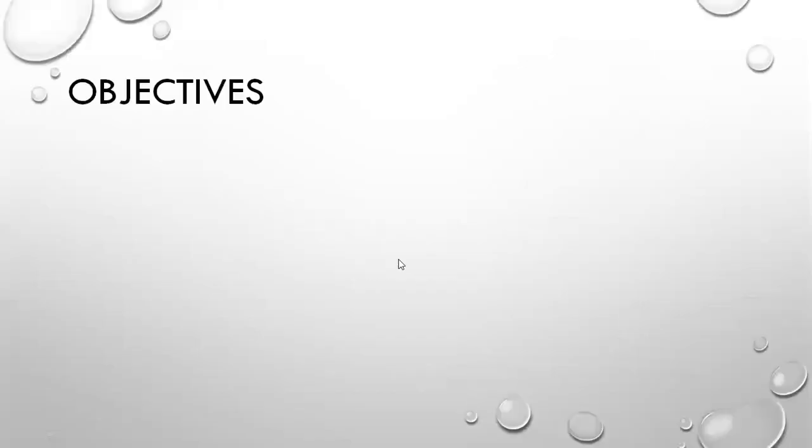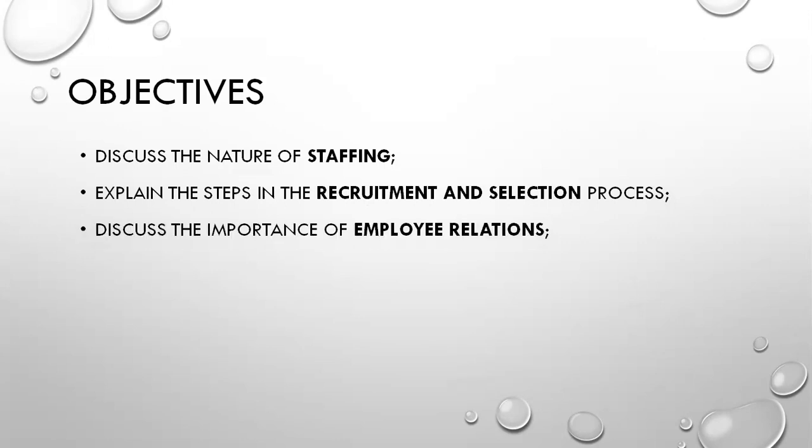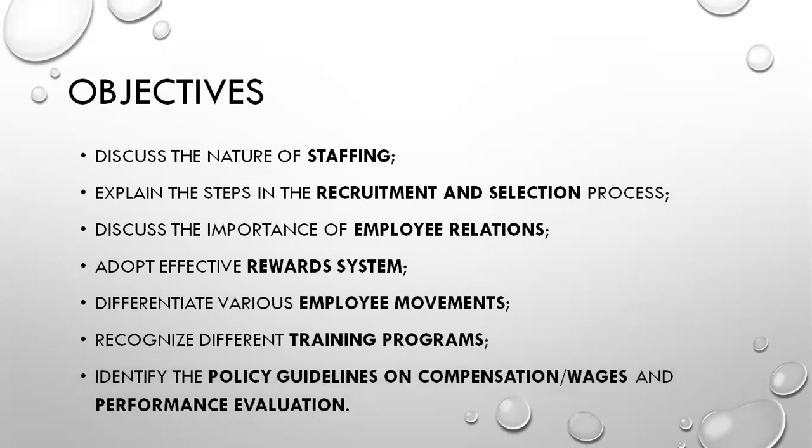Our objective for this lesson is the following. We are going to discuss the nature of staffing, explain the steps in the recruitment and selection process, discuss the importance of employee relations, reward system, employee movements, and talk about the different training programs and also policy guidelines on compensation, wages, and performance evaluation.